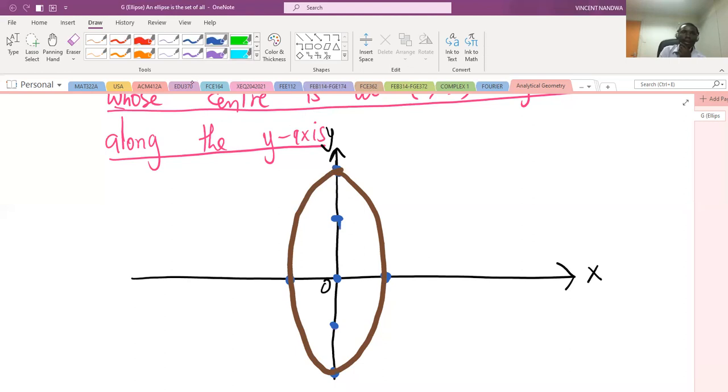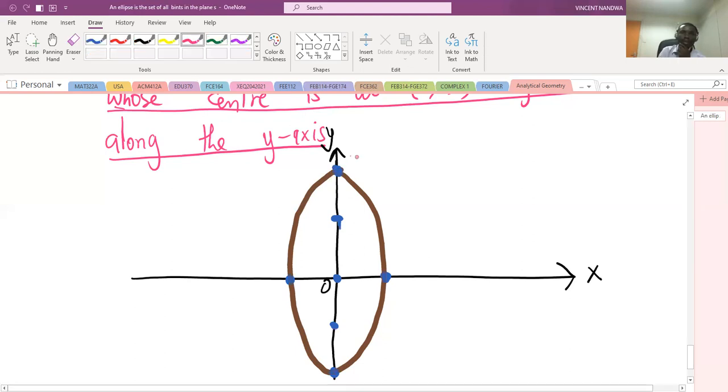And let's label our diagram. This one to be V1, this one to be F1, this one is our center, this one to be F2, and this one to be V2. We said customarily the distance from the center to each of the foci is c units, and the distance from the center to the vertices is a units.